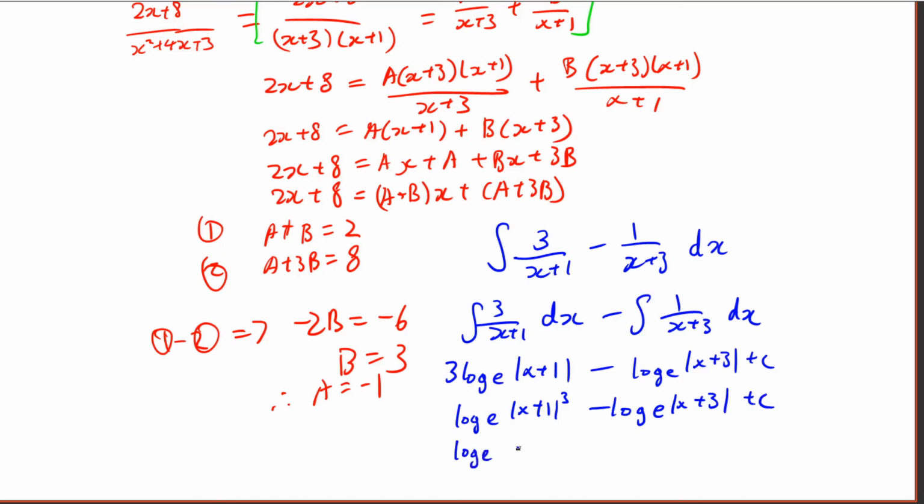So I get log_e of |x + 1|³ on (x + 3), and I can just combine the modulus signs. There's nothing wrong with that. Plus C. So I've combined these two logs into a single log, and this is my final answer for the integral.